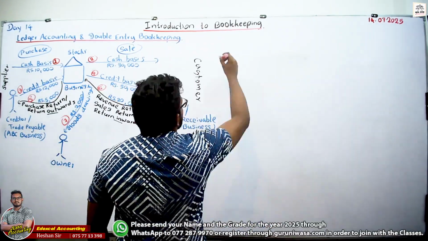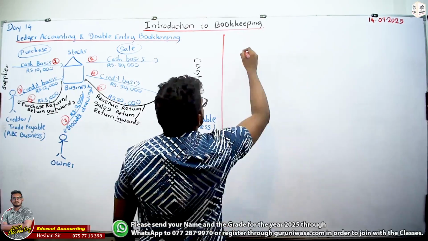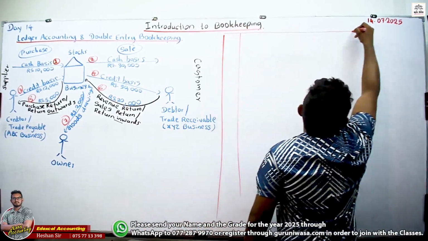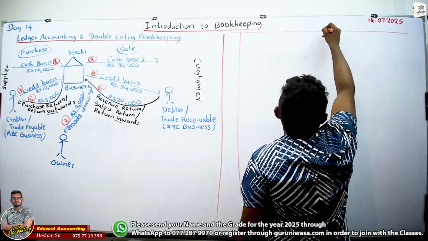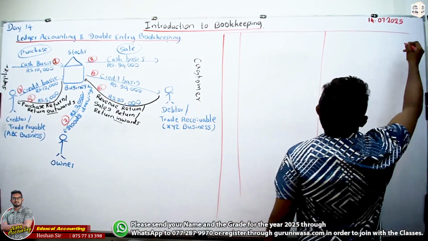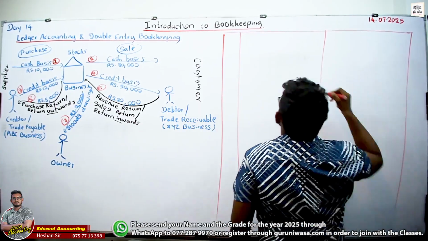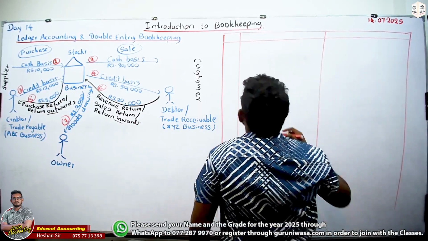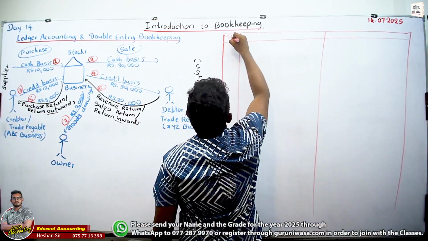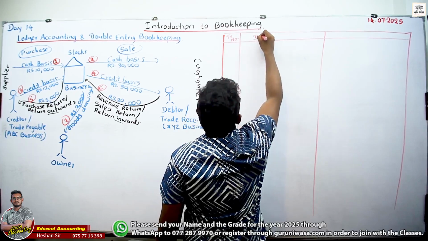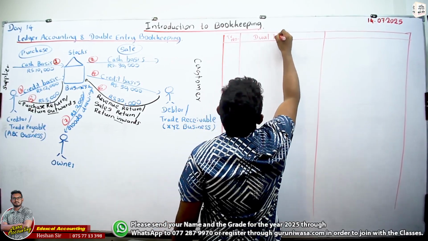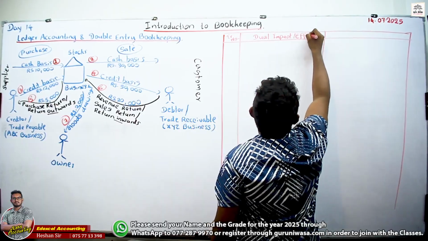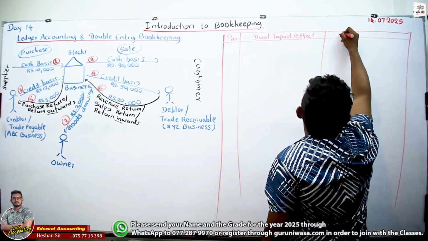I'll draw a chart. Transaction number, dual effect, and the double entry. Transaction number, dual impact or effects, and the double entry.